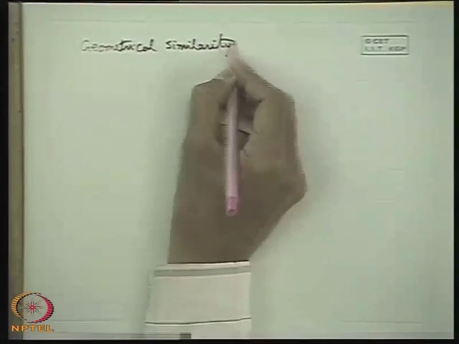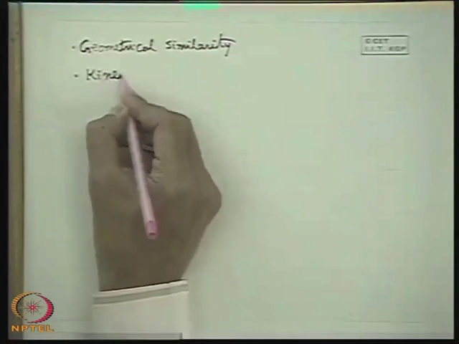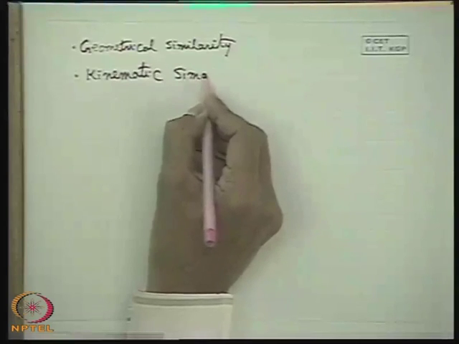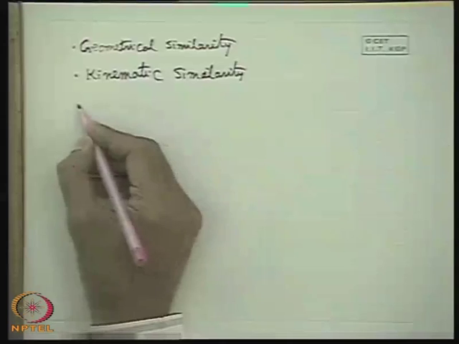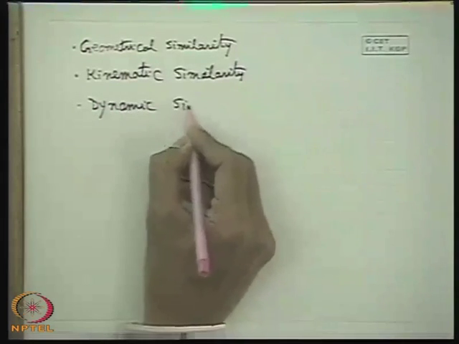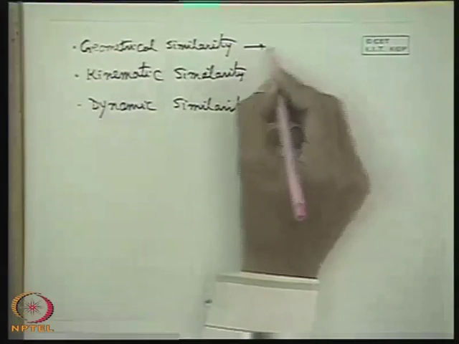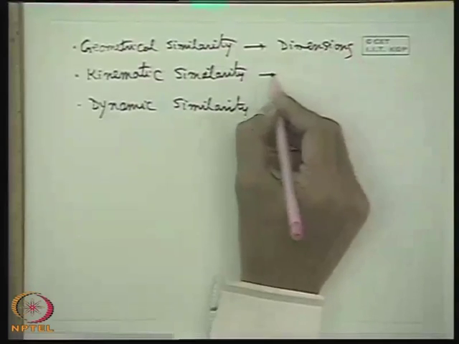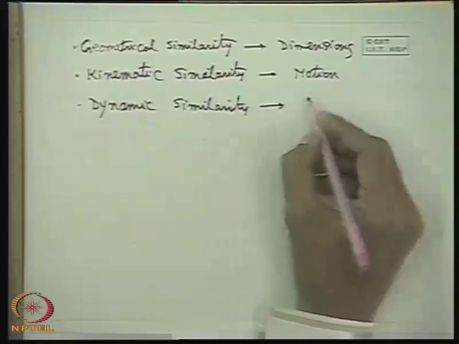So three types of similarity, I think we have understood this. One is kinematic similarity, that is similarity of motion. Another is dynamic similarity. So this is similarity of geometrical dimensions, this is similarity of motion or velocity, whatever you call, and this is similarity of force.